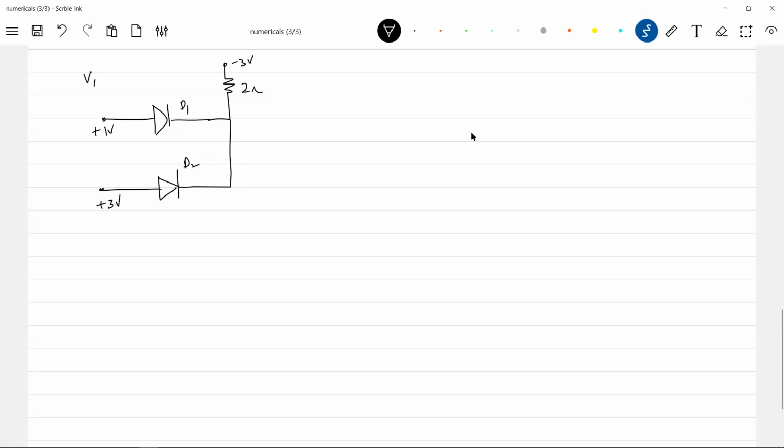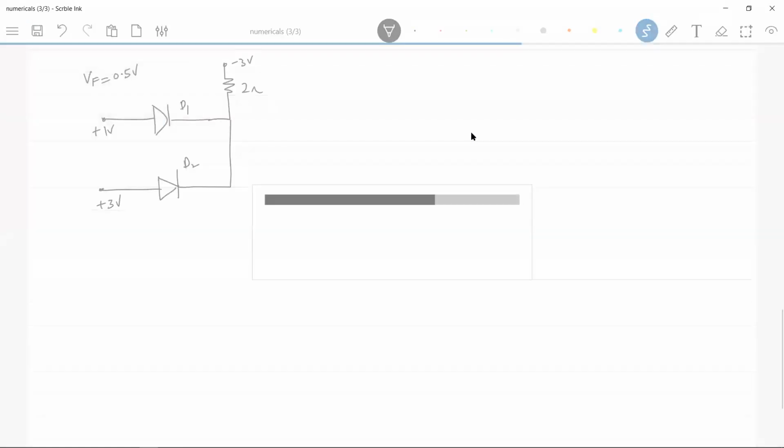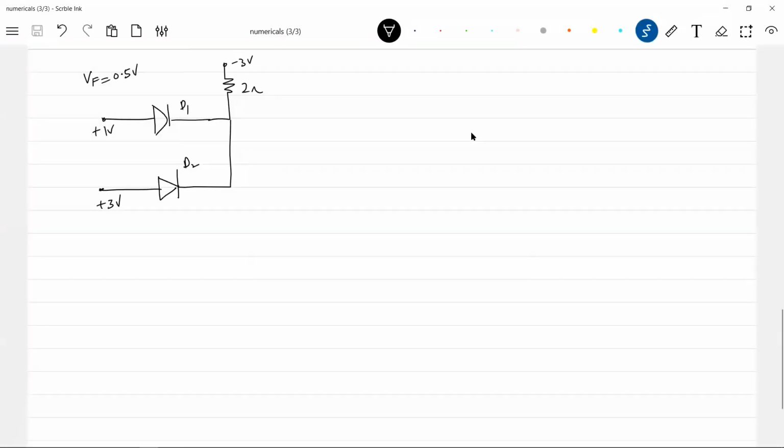I'll give the forward voltage of the diodes, let it be 0.5 volt. Find the state of the diodes.